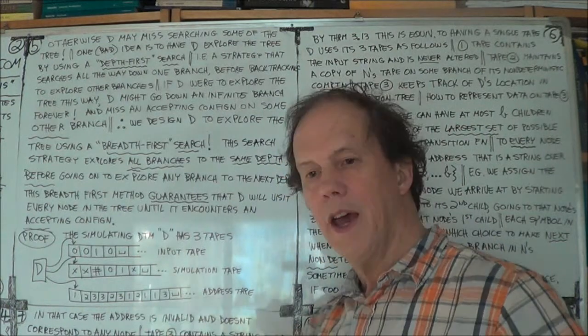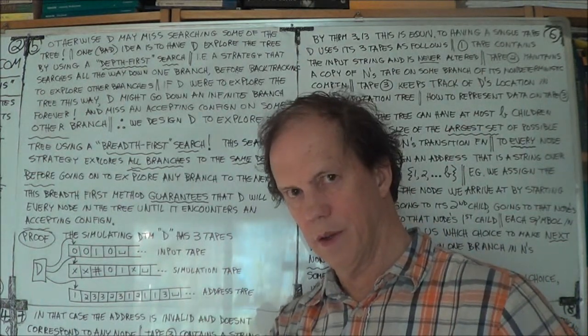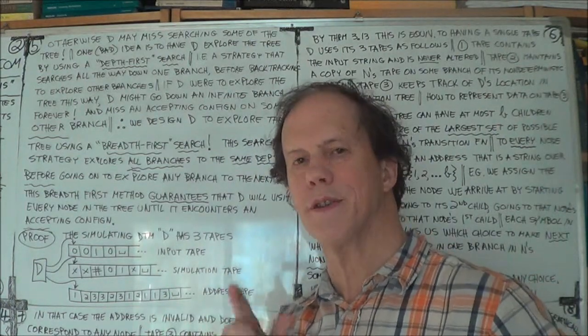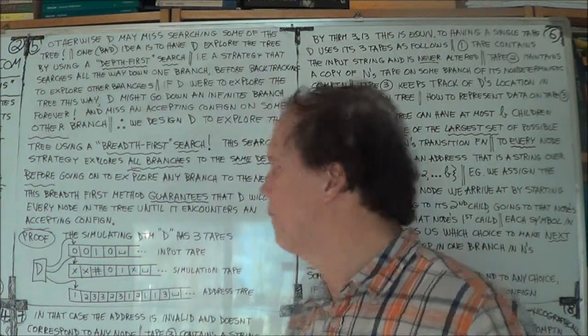And the third tape contains the address of that node in the tree. Now I need to explain to you how you calculate that address. It's pretty easy, but I hope you got the big picture.